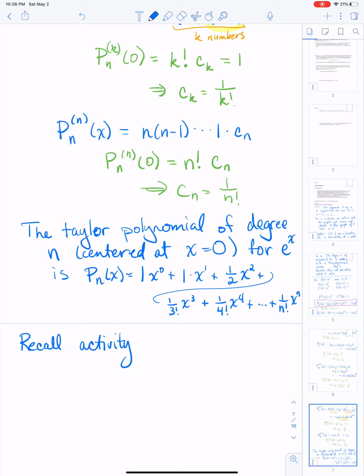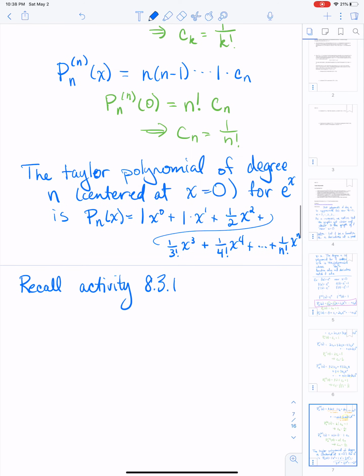The preview activity 8.3.1 that I had told you a while back would be an important one to be thinking about, and I didn't really follow up a ton there. But what you did in that preview activity is you said, well, let's approximate e to the x by polynomials of higher and higher degree.